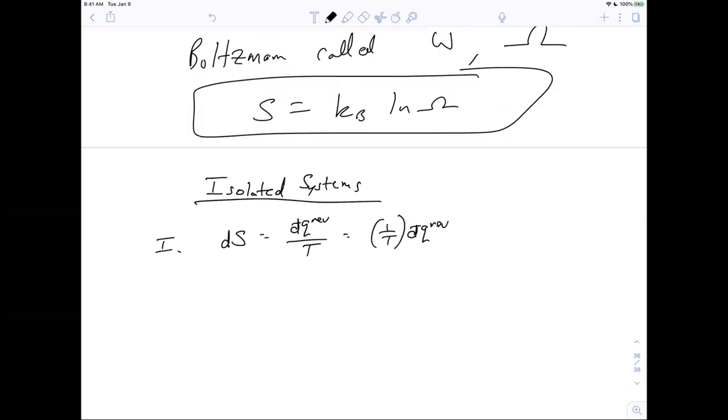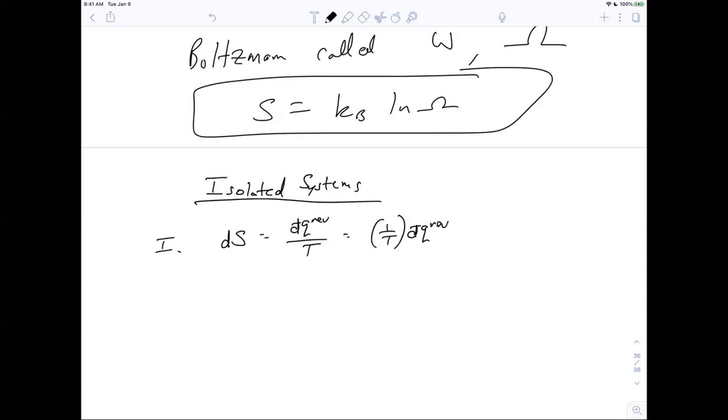And historically, this is what preceded a microscopic understanding of entropy. And the microscopic understanding is really what we discussed last time. By micro, I mean nano and molecular level and atomic level.